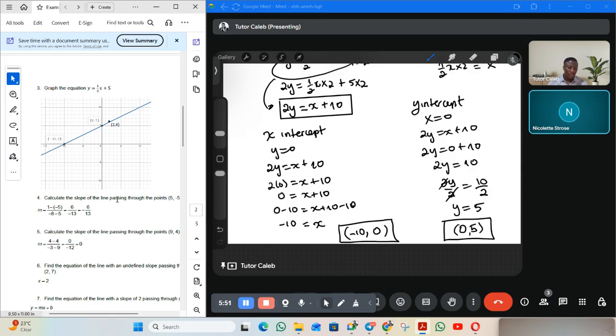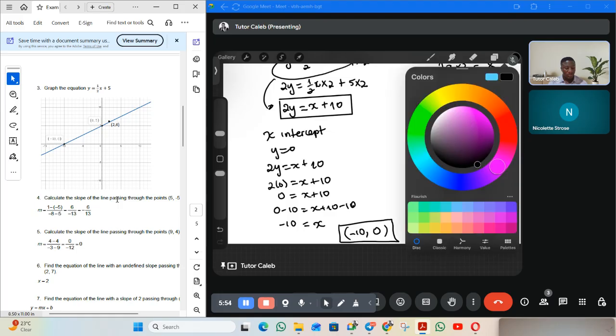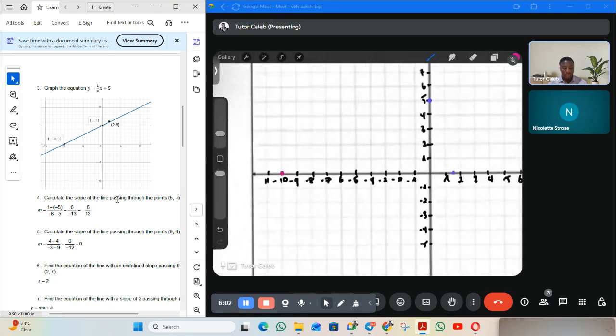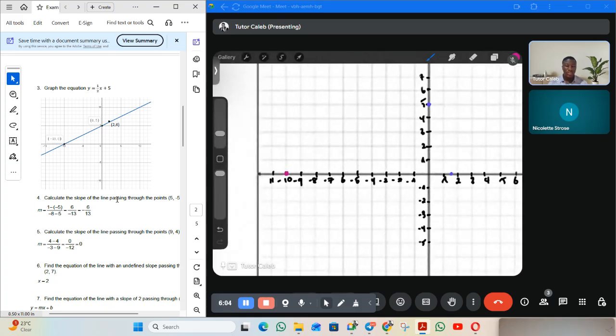Now that I have these two intercepts, I can go on my graph and plot the points and locate these points, right? Now, my first point is negative 10 and 0. This is it here. You agree?